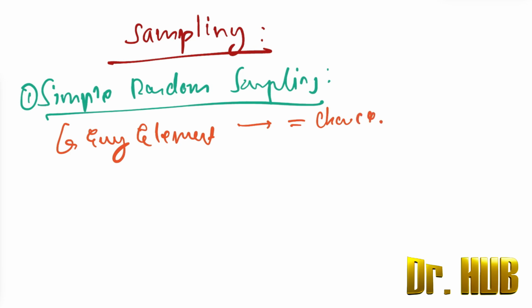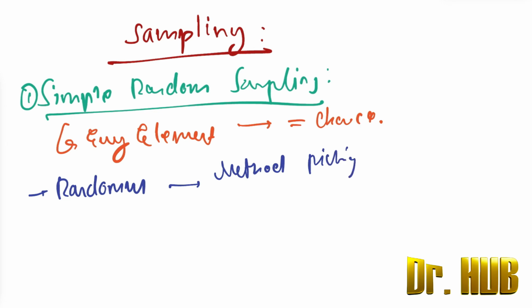The randomness refers to the method of picking the sample and not the outcome. So it doesn't deal with the outcome.